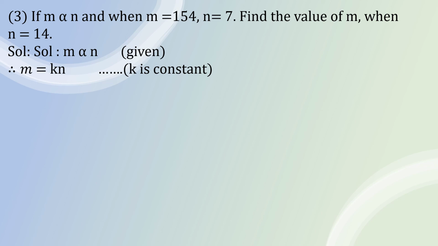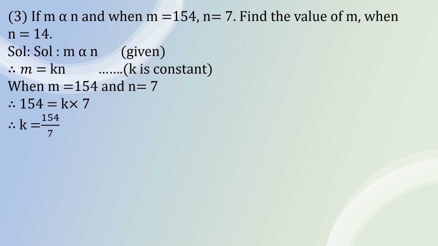Now here we have the values given, m equals 154, n equals 7. We'll substitute. So when m equals 154 and n equals 7, you'll write in this equation 154 equals k into 7. Therefore k is equal to 154 upon 7. This 7 will go, it will divide. Yes or no students?